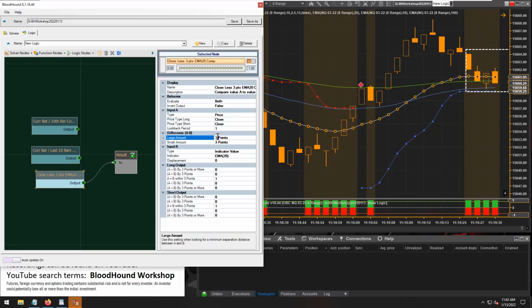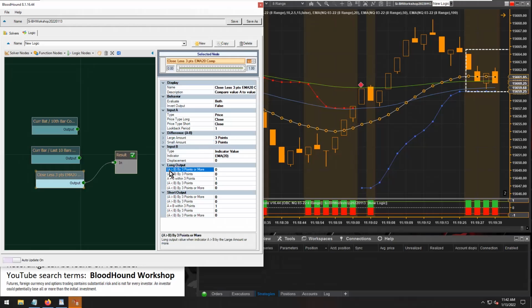By default, all solvers default to calculating fuzzy logic. By the nature of having a large amount and a small amount, that forces a fuzzy logic calculation by default. But when you set the large amount and small amount the same, then that strips out the fuzzy logic.